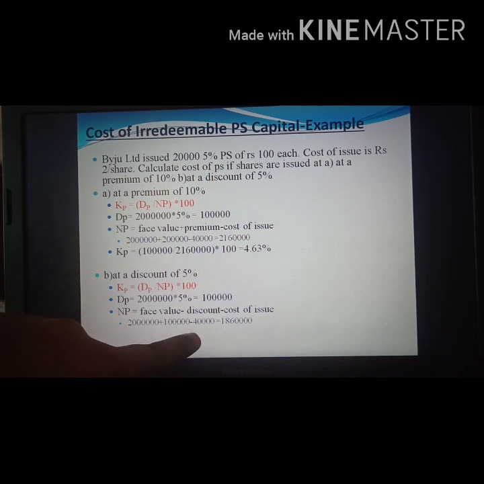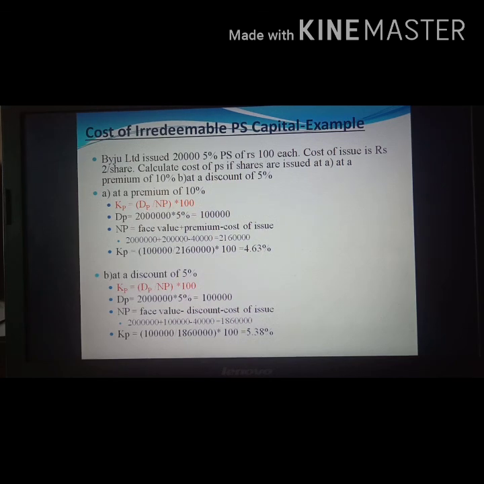Altogether there are 20,000 shares, so 20,000 into 2 is equal to 40,000. Altogether we get net proceeds of 18 lakh 60,000. So the cost of preference share is 1 lakh divided by 18 lakh 60,000 into 100, that is 5.38%. That is the cost of irredeemable preference share.